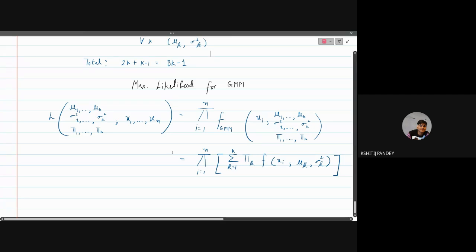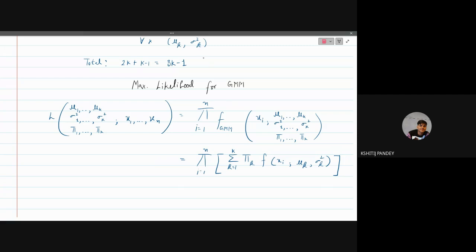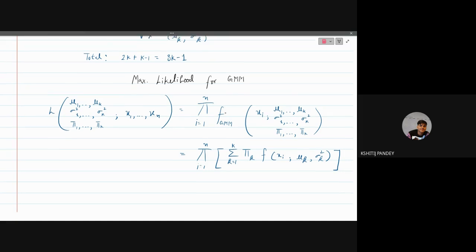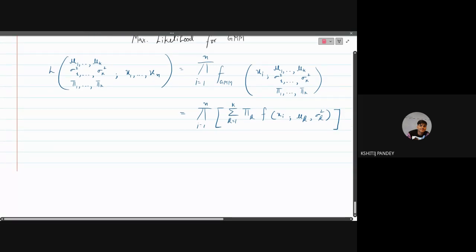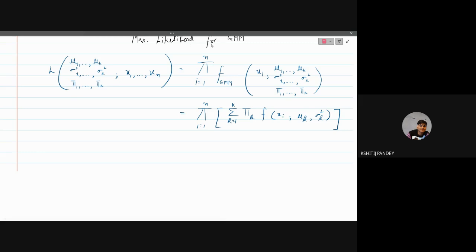So, well, now what? How can we exploit this? So now, well, if we take log now, to denote all these, we will be using theta.